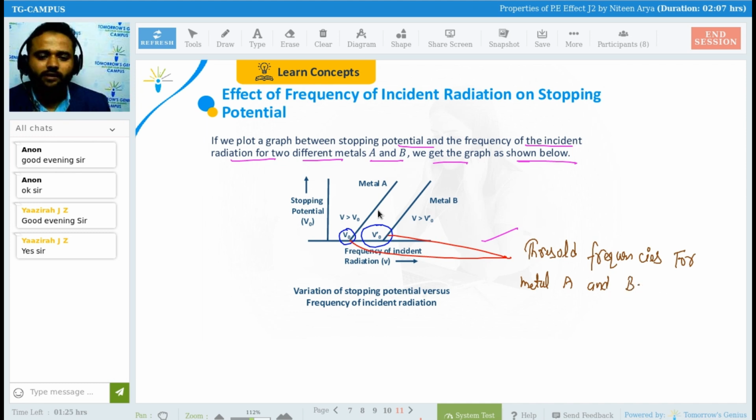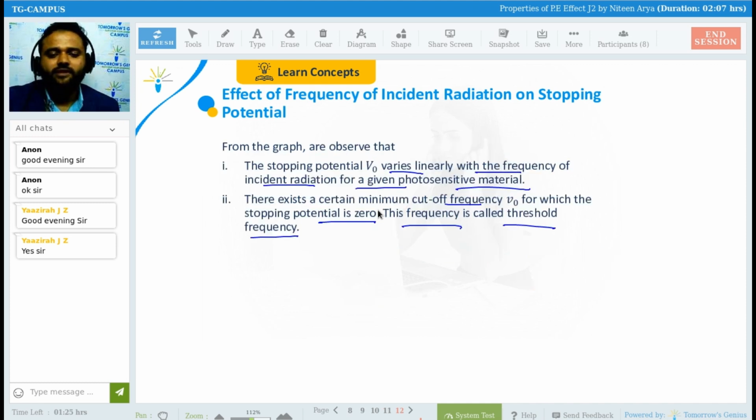This is the minimum bare frequency after which it is going to give a photoelectron, that is the threshold frequency.